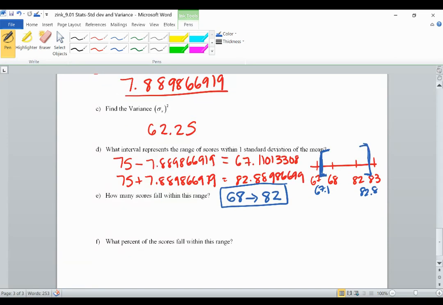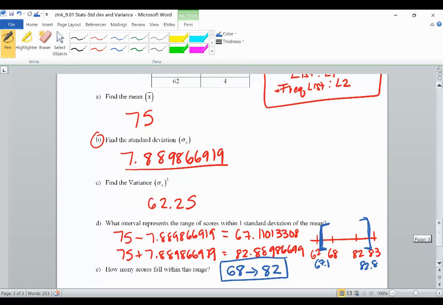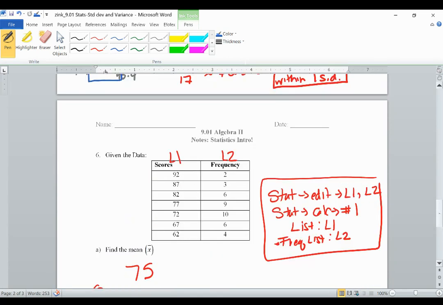So then letter C says how many scores fall within this range. So you're going to look up at your table and figure out how many are between 68 and 82. So 92 is not, 87 is not, 82 is, so I'm going to include that. 77 is, 72 is, and 67 is too low because we only want to go to 68. So right here in the table.